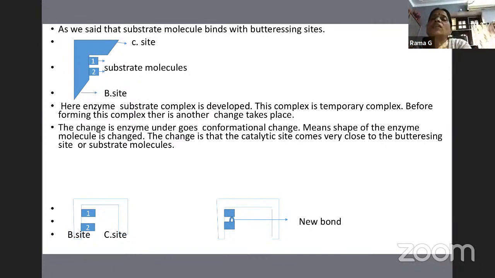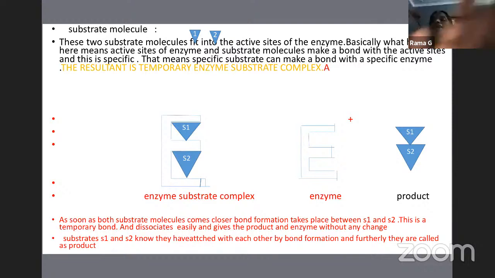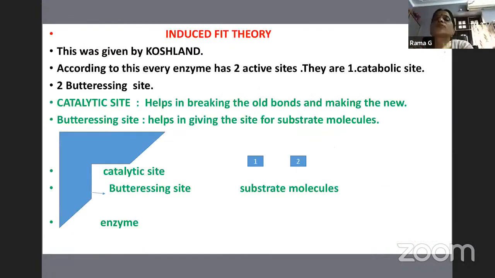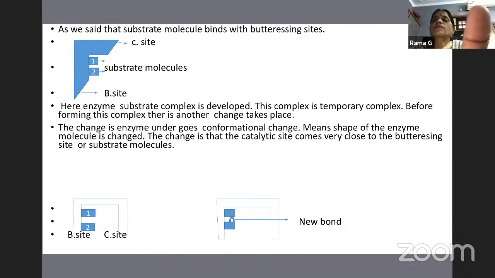In the lock and key theory, there is only one type of active site. But here two types of active sites are there, in which one helps in attaching the substrate molecules, and the other, by undergoing conformational changes, helps in creating new bonds or breaking bonds.